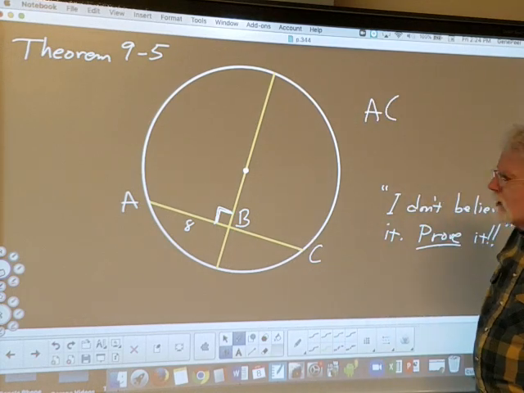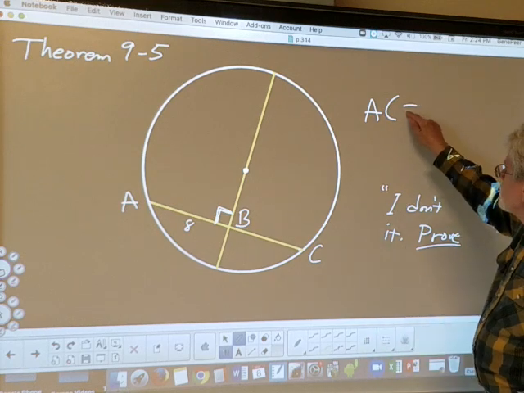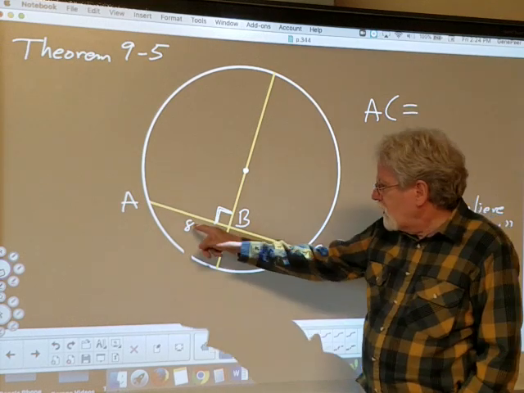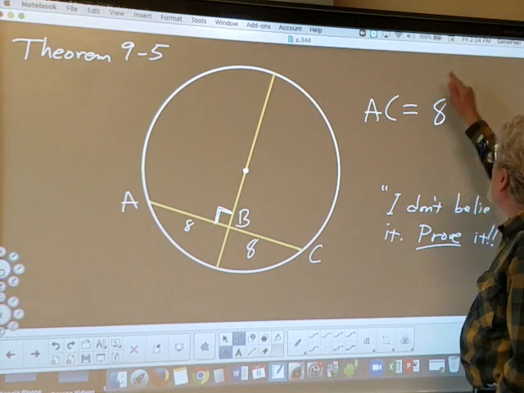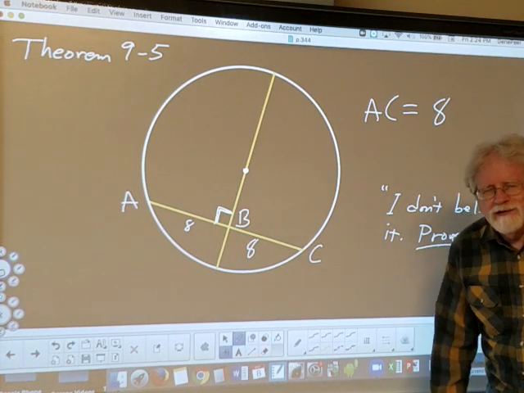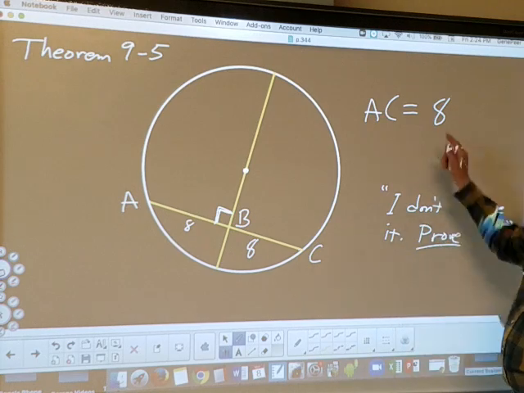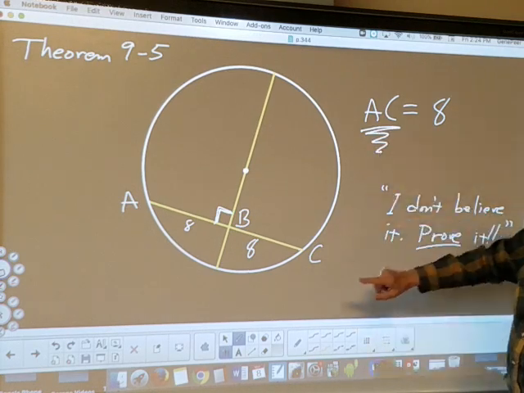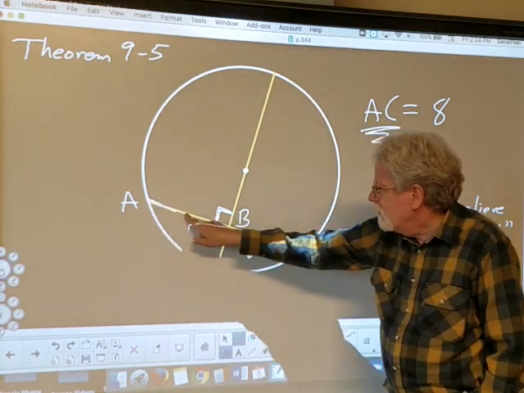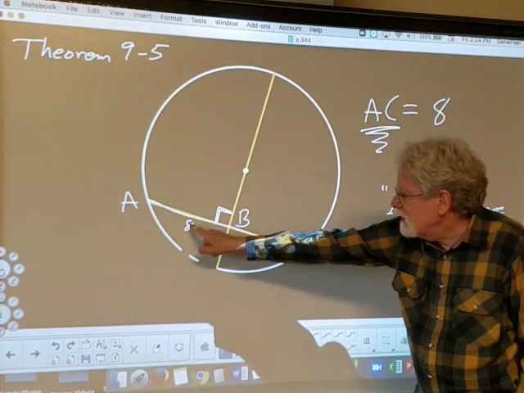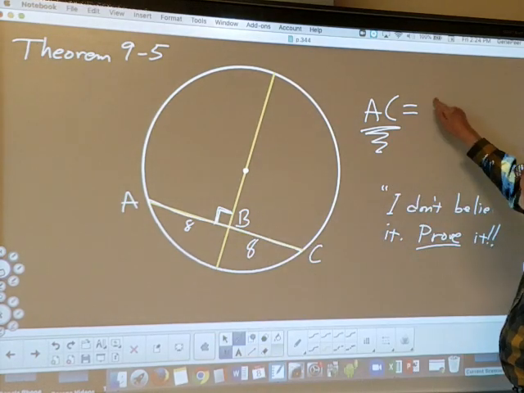It's amazing how many students will look at this question and say, oh, that's easy. If that's 8, then that's 8. And they say 8 without actually looking. They're making up their own question. Don't make up your own question. Read mine. I'm looking for the length of AC. 8 plus 8. It's not 8, it's 16.